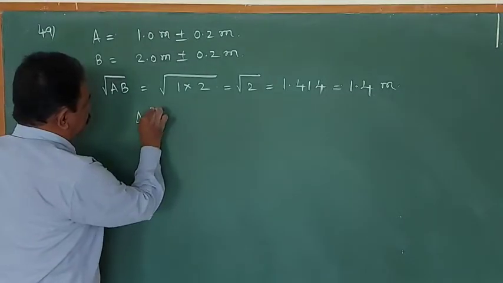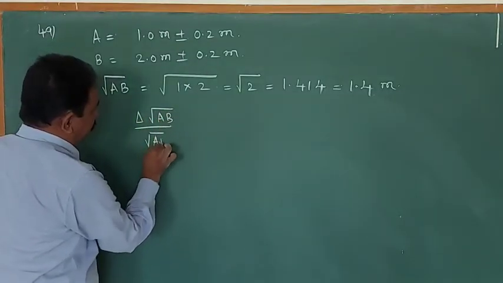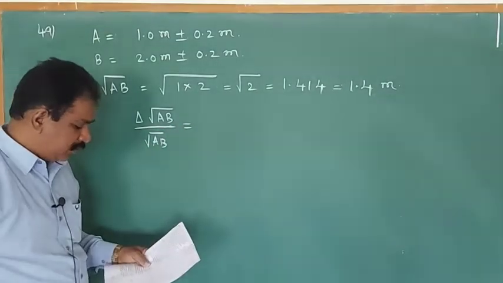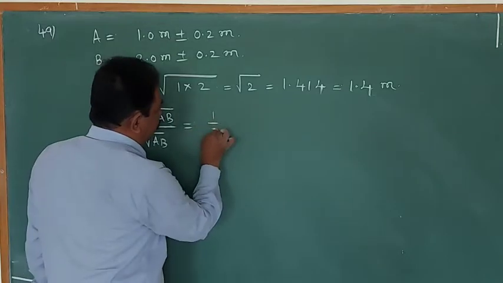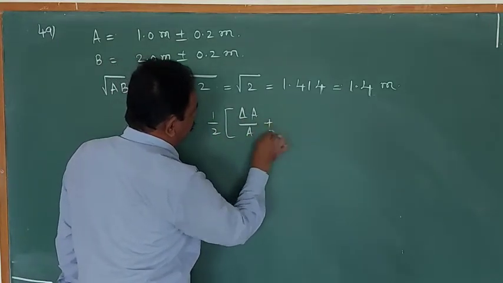Now the root AB value error we have to find. So delta root AB by root AB is equal to 1 by 2 into delta A by A plus delta B by B, because square root is there.